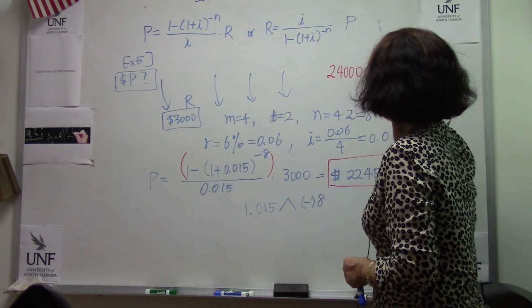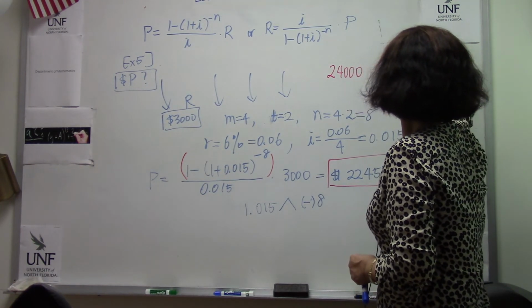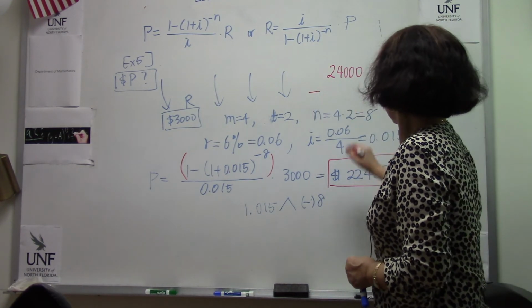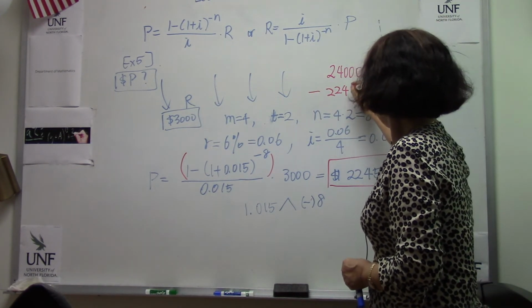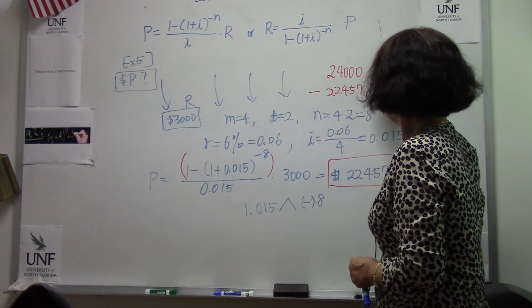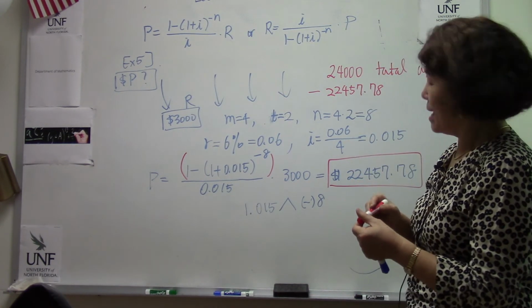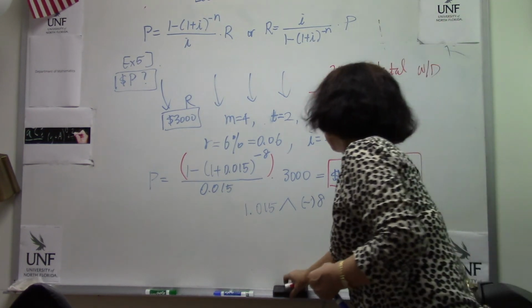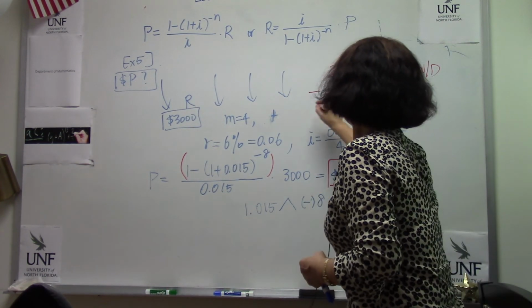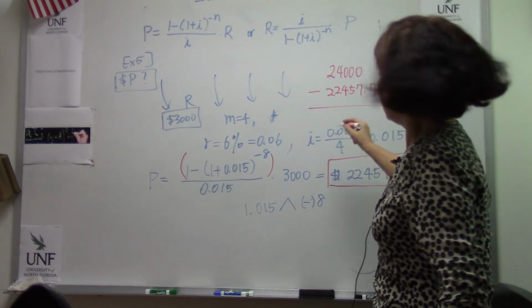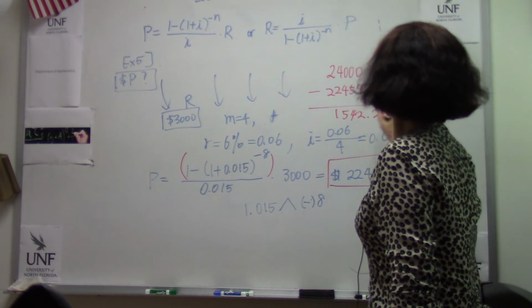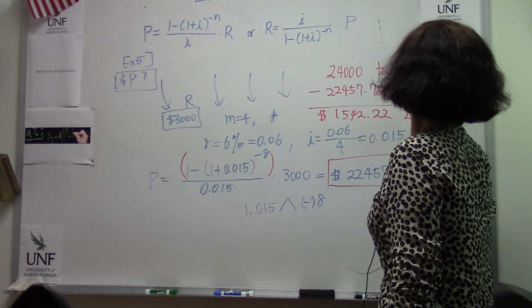This is the total withdrawals, correct? All right, so subtract 22,457.78, and you are going to have $1,542.22. Yes, this much is the interest.